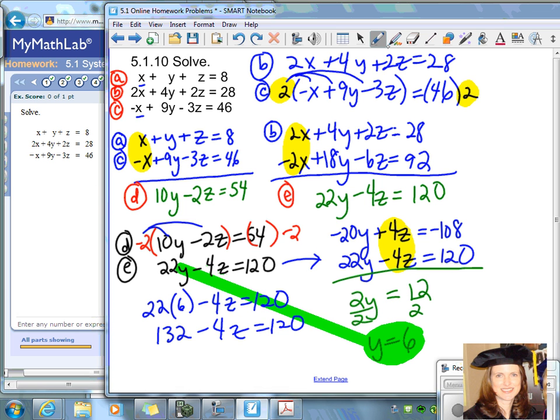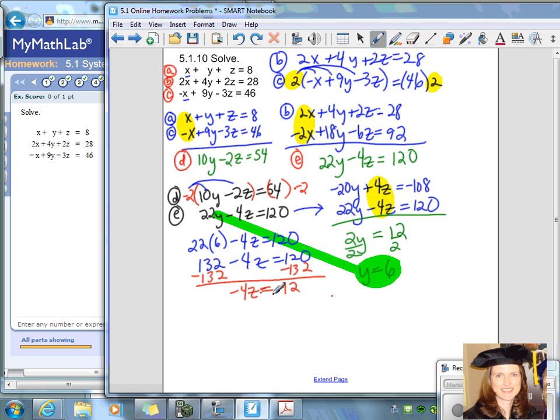I'm going to subtract 132 from both sides, and I get -4z equals 120 minus 132, which is -12. And when you divide by -4 on both sides, you get z equals 3.